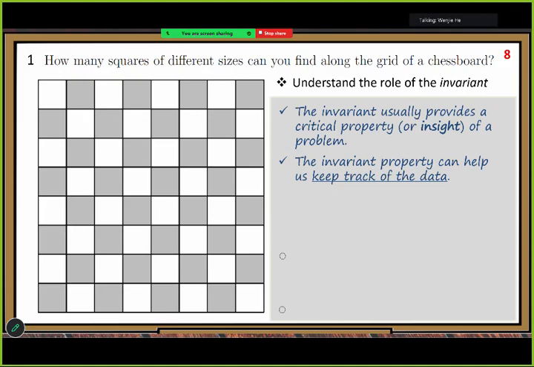Data in all the different categories, how do you control the data in all those categories? This invariant concept gives us an important rule to control the data, keep track of the data.